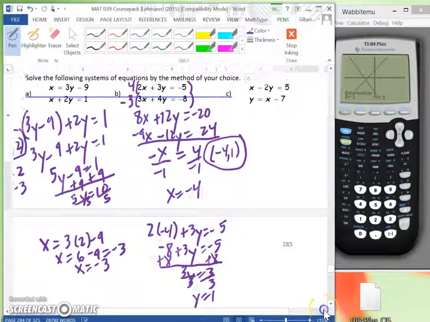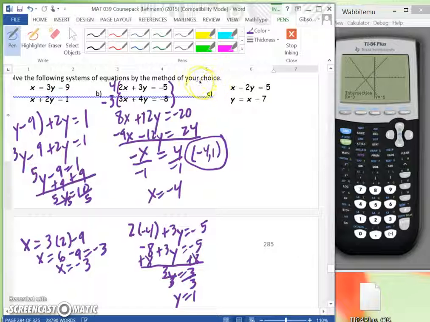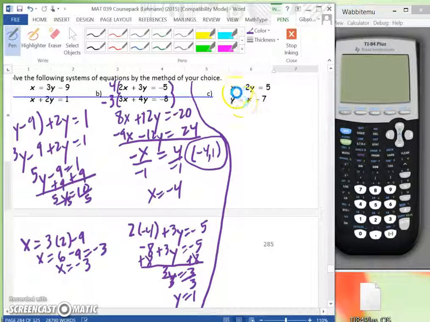Now if you look here at C, we have x minus 2y equals 5 and y equals x minus 7. Now for me, since we have y by itself in one of these equations, I would just go ahead and get y by itself in the other equation, because then we could put this in a calculator.